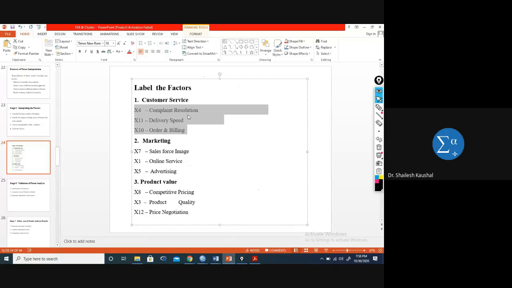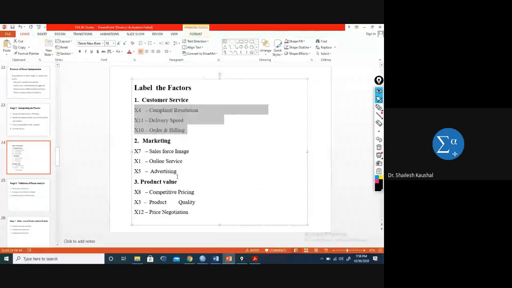I think these questions are related to customer service, because complaint resolution is a part of customer service, after sales service. Delivery speed again is a part of service. Order and billing. So the researcher gives the name of these 3 questions, and the component name is customer service.